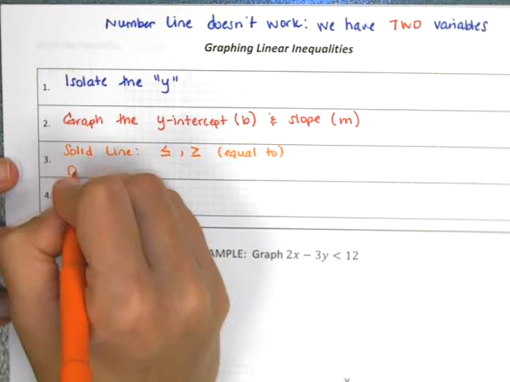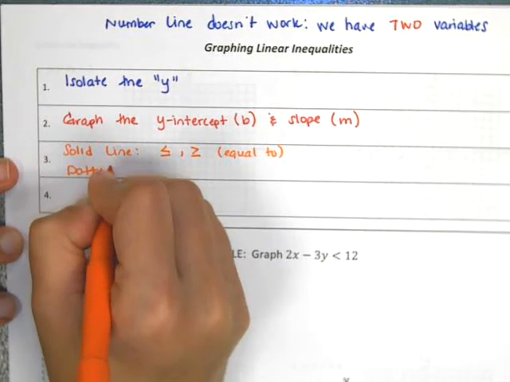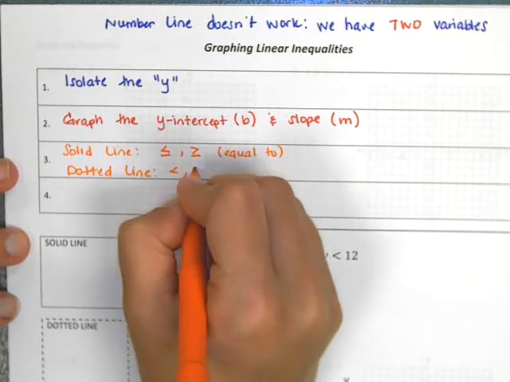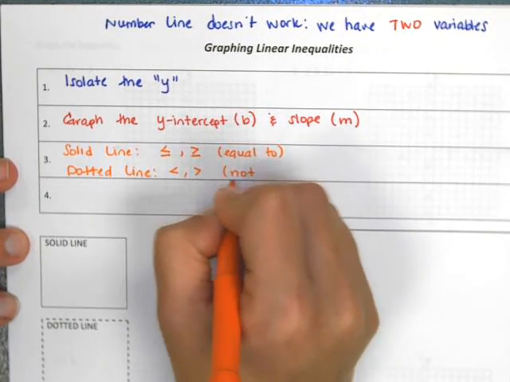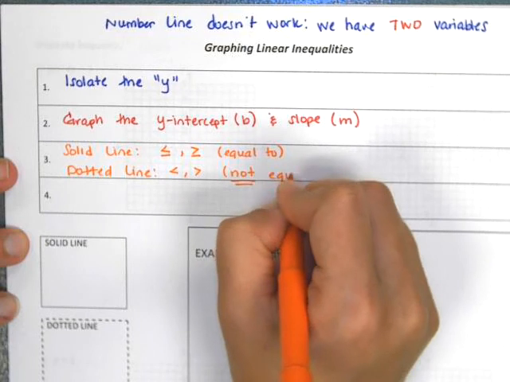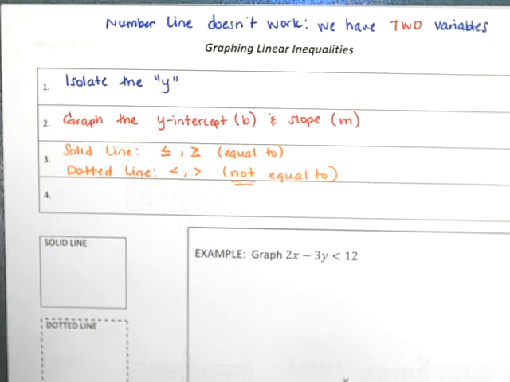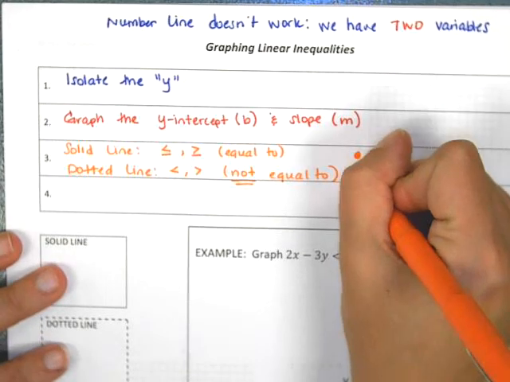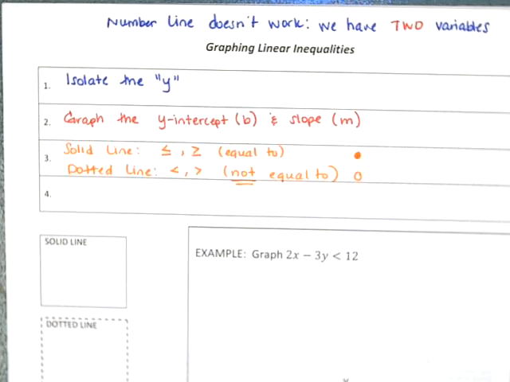And we use a dotted line when there's a less than or a greater than, we are not equal to. Think about a solid line as being like a closed circle, it's all filled in, and a dotted line as being like an open circle, it's all opened up, there's holes in it.